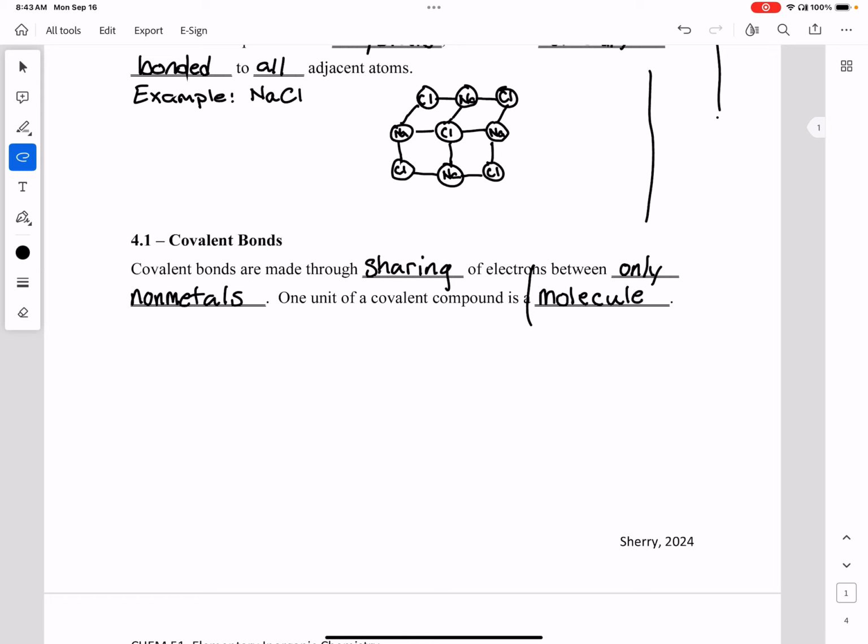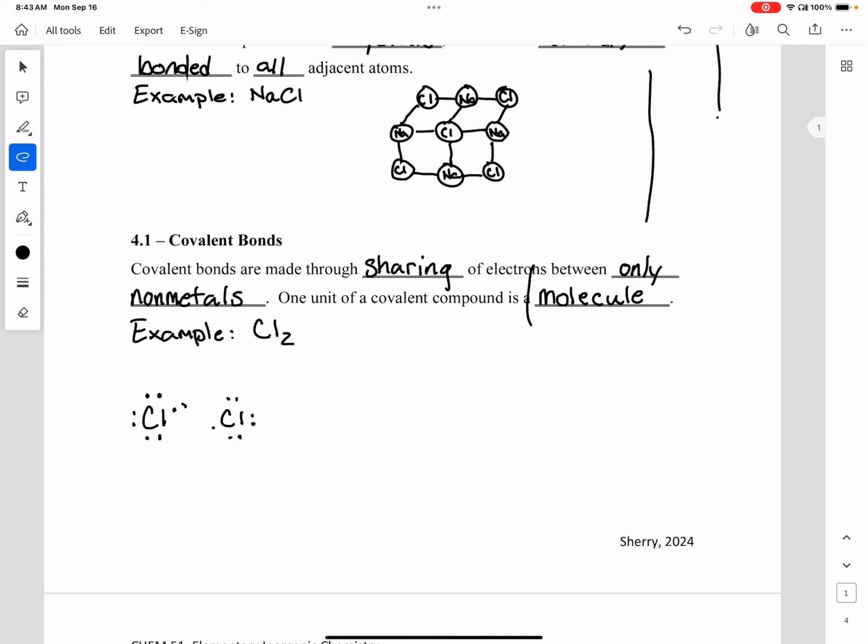Okay, so let's look at elemental chlorine, Cl2. So I've got two Cls, and they're each missing one electron to form an octet.